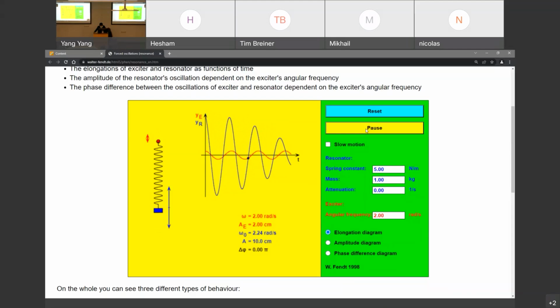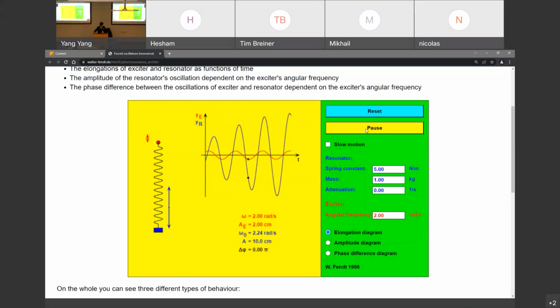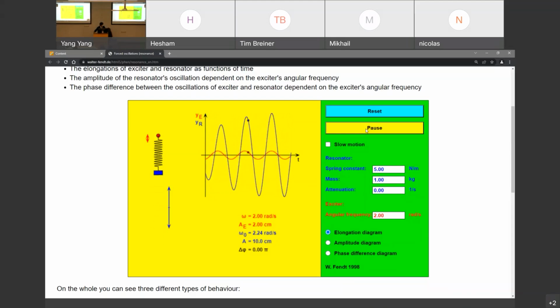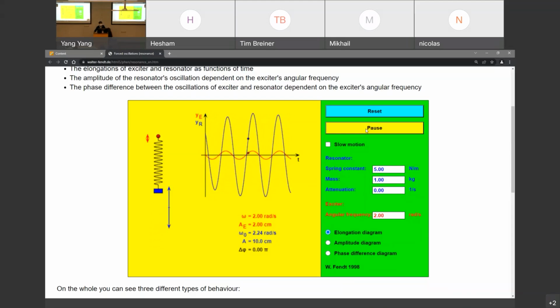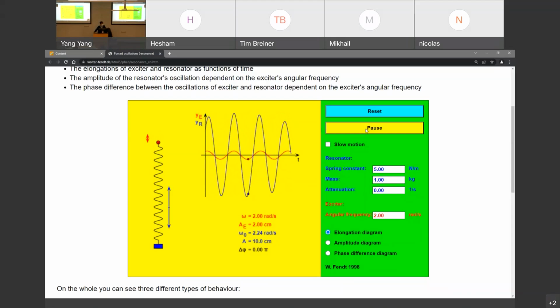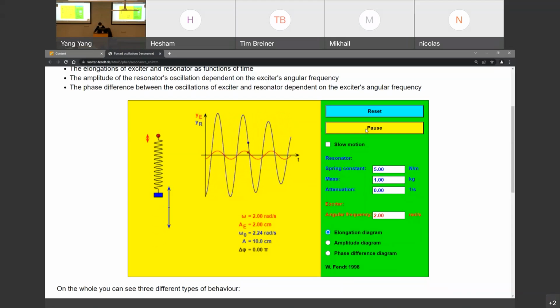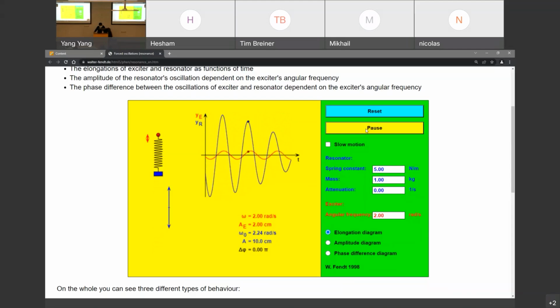The amplitude goes up because the external force continues to put some energy into the system.